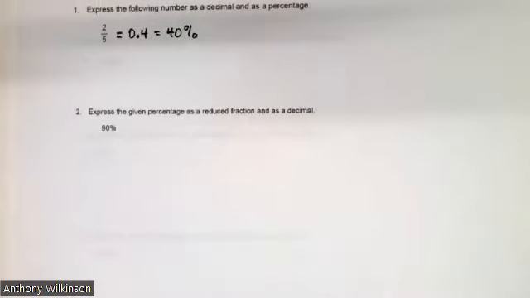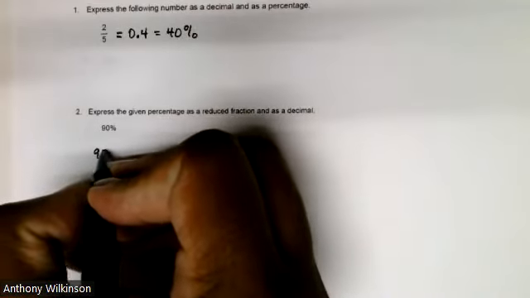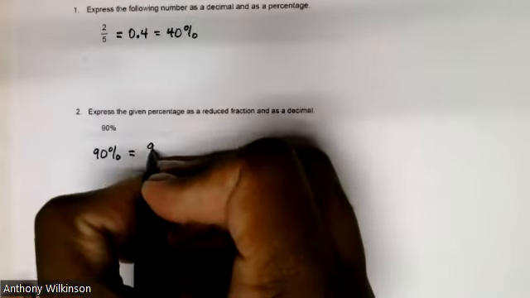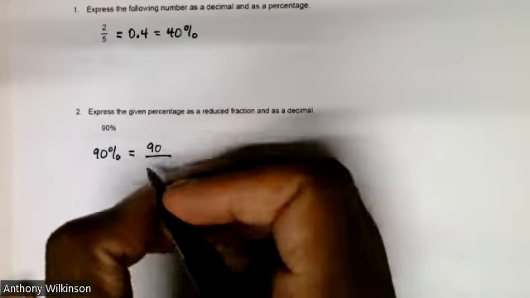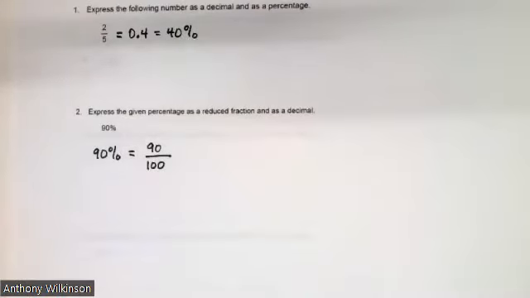Now here we want to express this percentage as a reduced fraction and as a decimal. Here's 90%. For 90%, we take that 90, and that'll go in the numerator. Of course, percent means per 100, so that means 90 divided by 100.